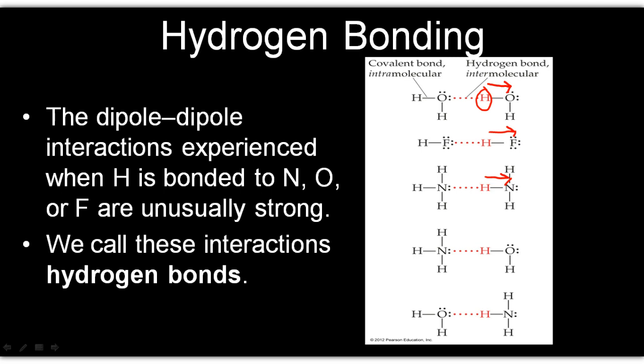It's pretty much just a positive proton hanging out there, and it is going to be attracted to the electron pair from another nitrogen, oxygen, or fluorine, because again, it's electronegative. So you're going to have this attraction, and that's called hydrogen bonding. It's a very strong dipole-dipole interaction, and it gets that special name.